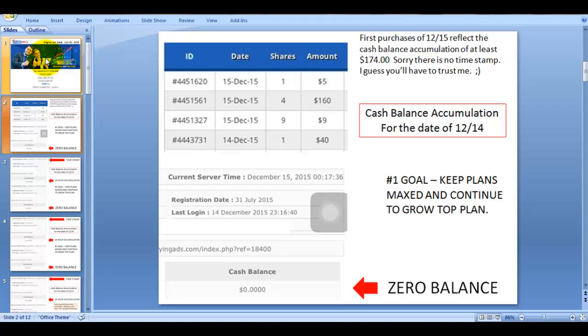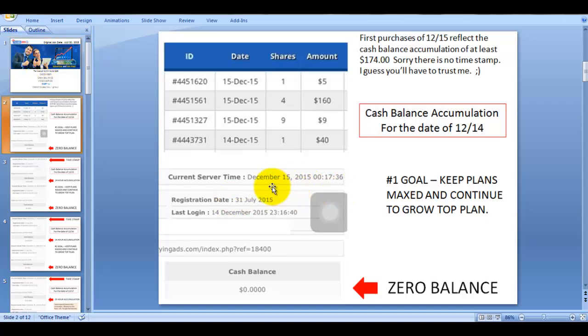I've been doing these for 3 weeks now, and so this is falling right into place with all of the rest of my accumulations, and so there shouldn't be too big of a stretch there to believe me that this is indeed what I accumulated, at least close to the amount of what I accumulated for the date of 12/14.